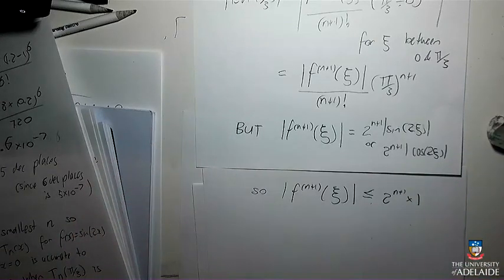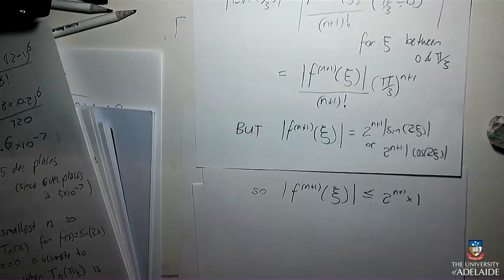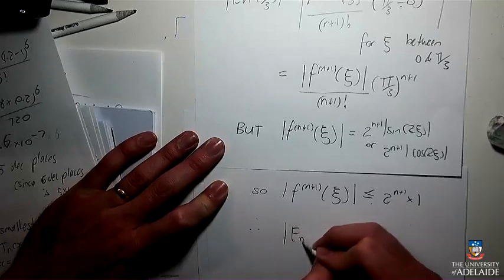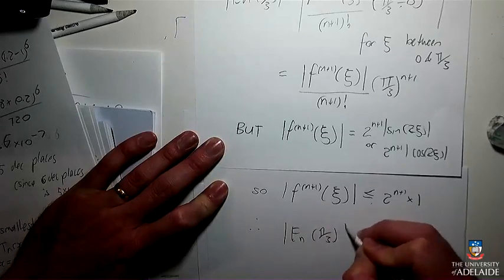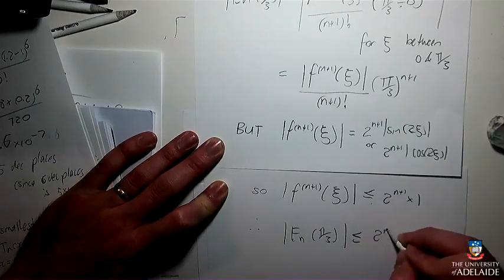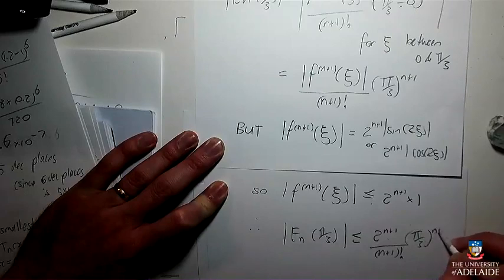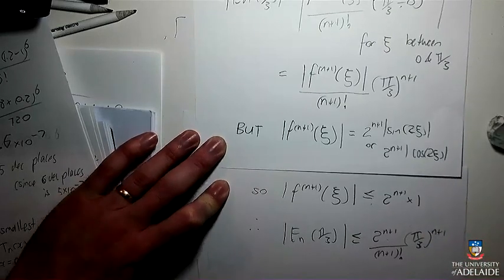Well, less than or equal to. And so because sine and cos are always less than or equal to 1, I know that this thing must be less than or equal to 2 to the n plus 1 times 1. And so therefore the absolute value of En is less than or equal to this.